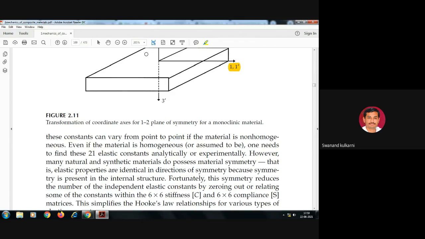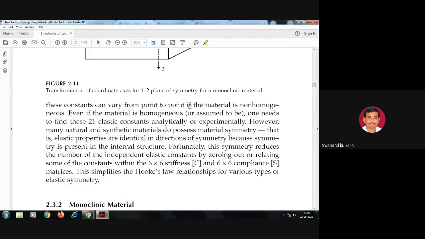So non-homogeneous and anisotropic is a very complicated case. Here we have assumed that the material is anisotropic but homogeneous. Is it okay? If the material is homogeneous and anisotropic, then one needs to find 21 elastic constants analytically or experimentally.